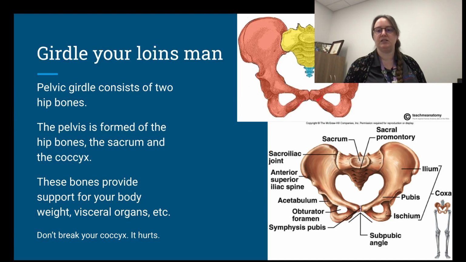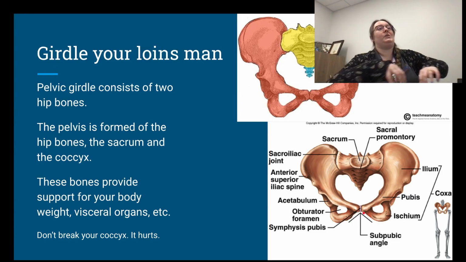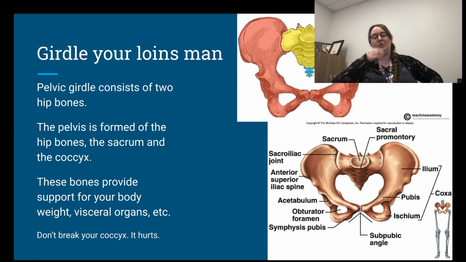So these are your hip bones. Now you'll notice right here too, there's a symphysis pubis, which is right here, which is just a piece of cartilage. And the reason we have that, again, is give and take, to make it flexible. Because once again, for us ladies, if we push a kid out this way, we need some give definitely right there, so we can get some wideness going on.